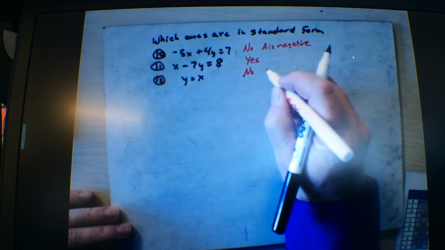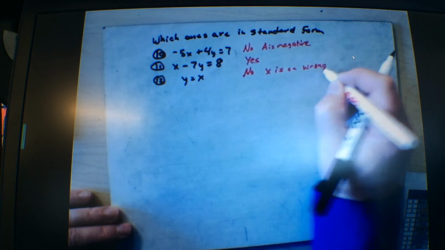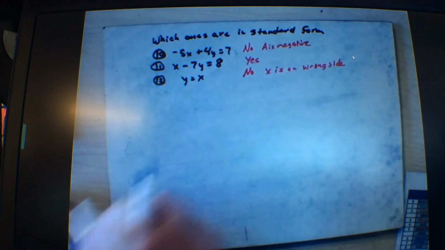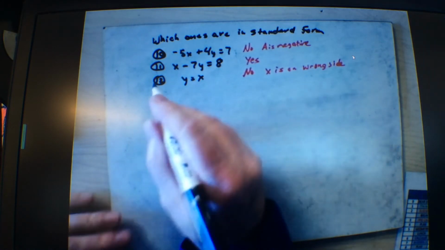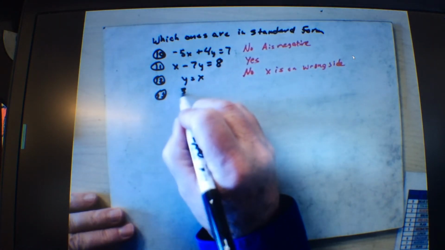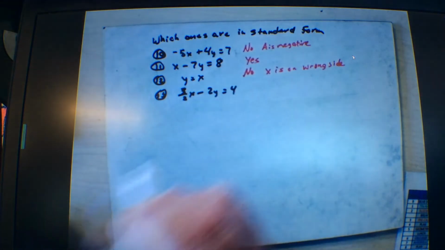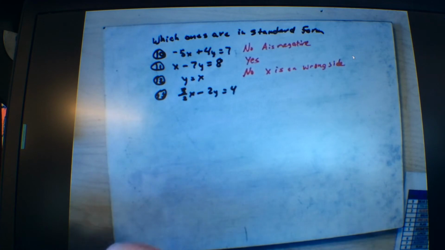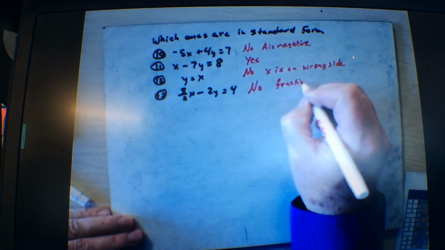X is on the wrong side, right? I'm trying to write with 2 pens here and keep track of everything. So what about this one? Why not? Because it's a fraction. It's a fraction, so this is no.